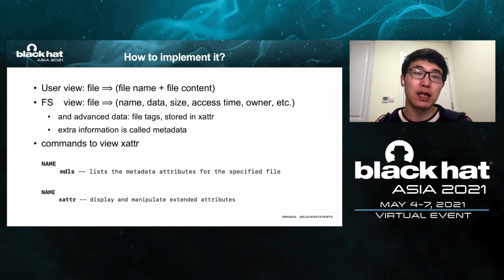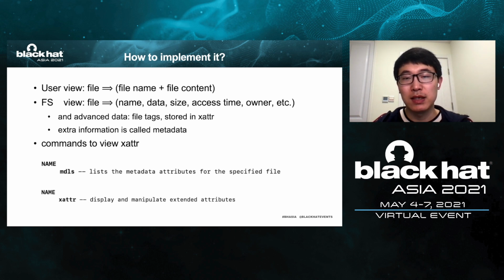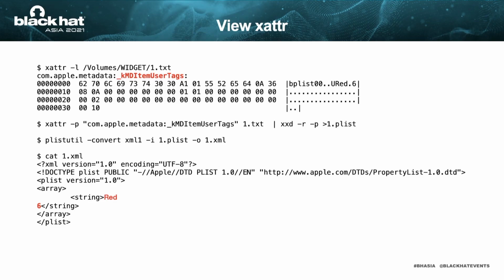But how do we view and operate on extended attributes? Well, macOS provides several commands to do this, for example, ls and xattr. Let's use the xattr command to check the file we marked with the red tag before. We can find that there is an attribute named item user tags.